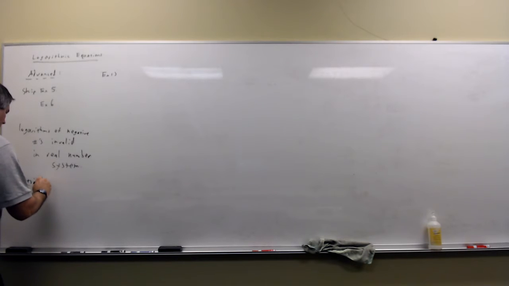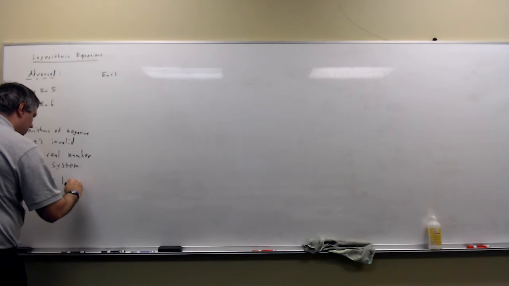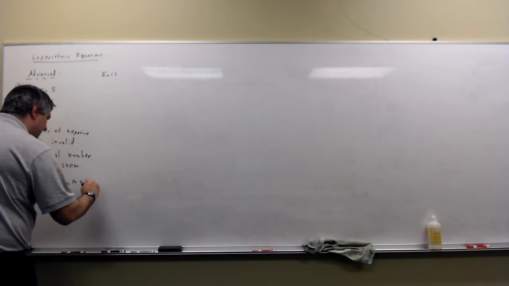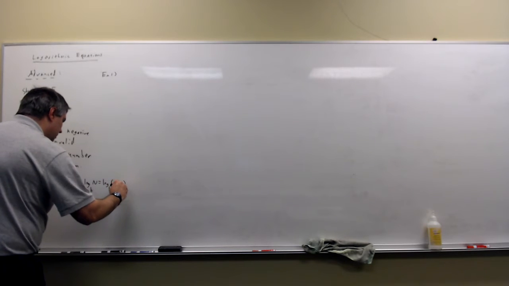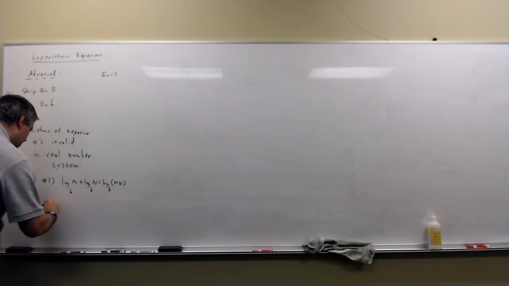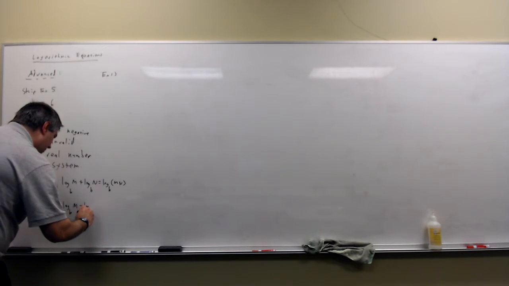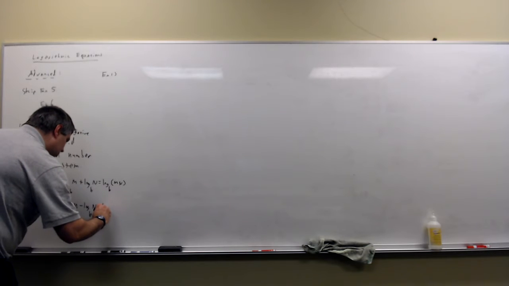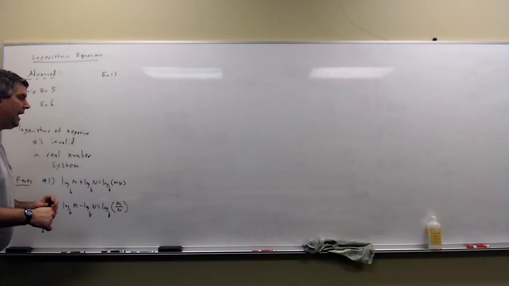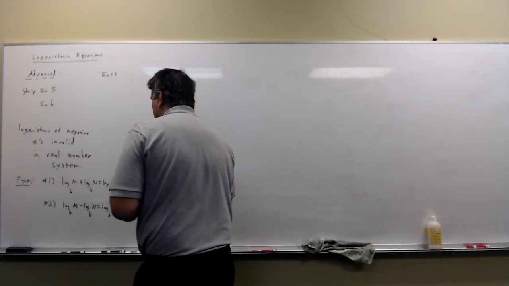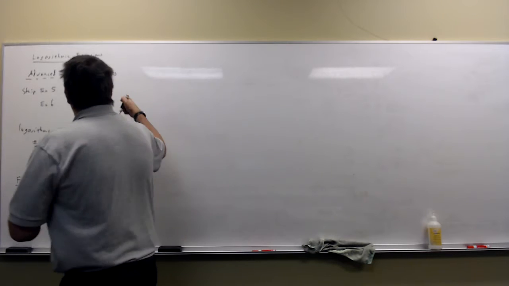Facts. Number 1, log base b of m plus log base b of n equals log base b of mn. And number 2, log base b of m minus log base b of n equals log base b of m over n. Okay? We used this one with example 1. So here's example 2.